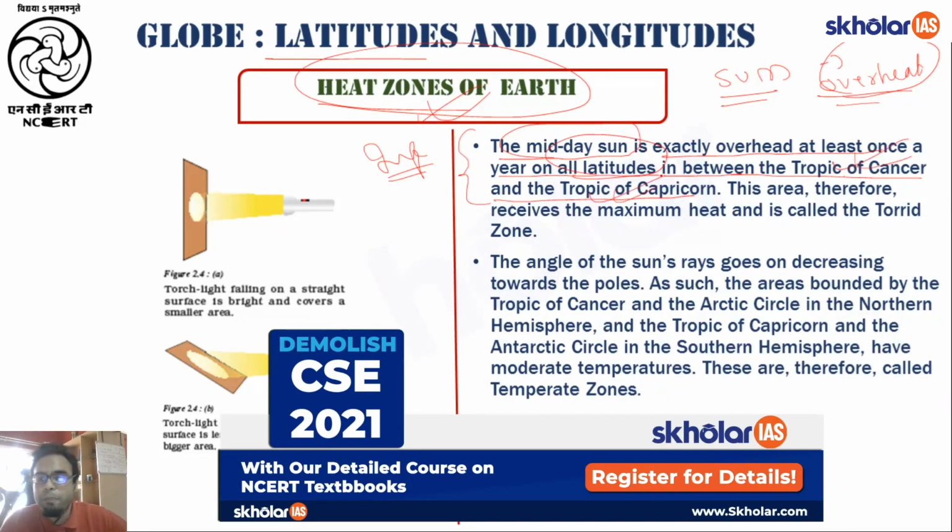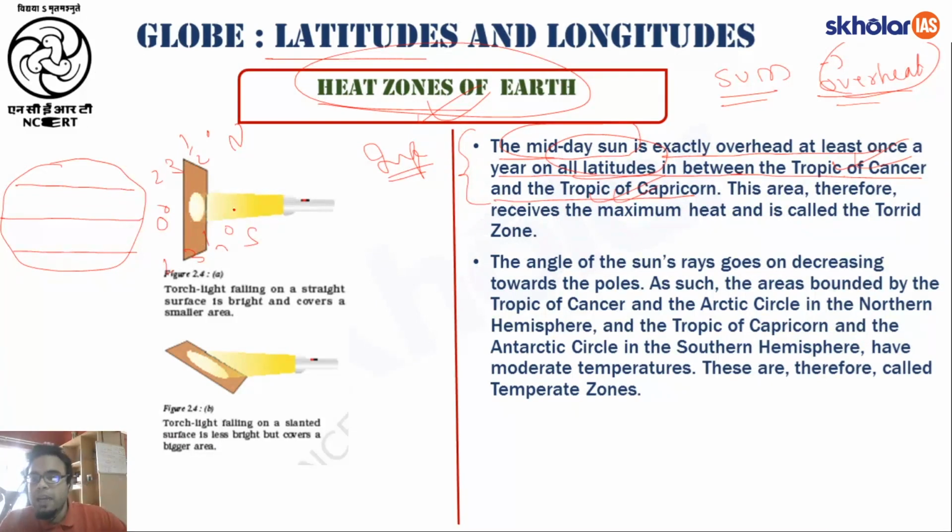Meaning what? Meaning if this is the earth, this is 0 degree. Here we have the Tropic of Cancer and the Tropic of Capricorn, which is 23.5 degree north and 23.5 degree south, right? So this point states that in all the latitudes which are found here, at one point of time, the sun will be perpendicular to that latitude.